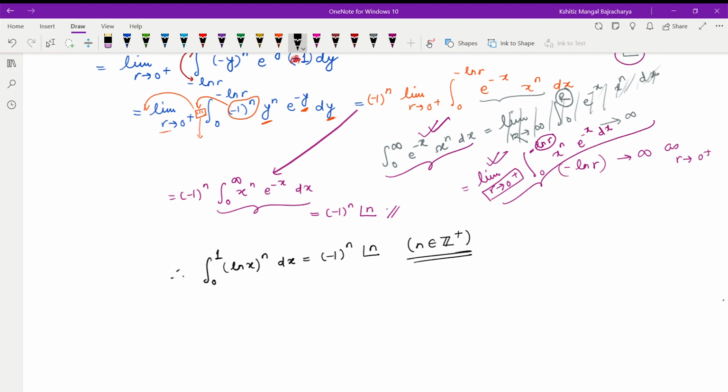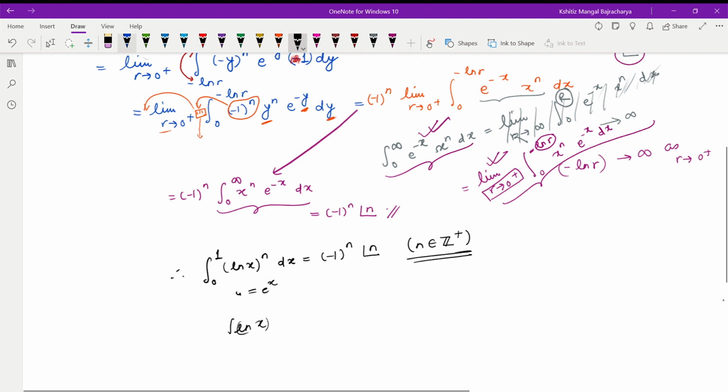Now if we have n to be some smaller integers, like log x raised to the power cube or fourth power or something like that, then we can use the substitution and evaluate this thing right here.